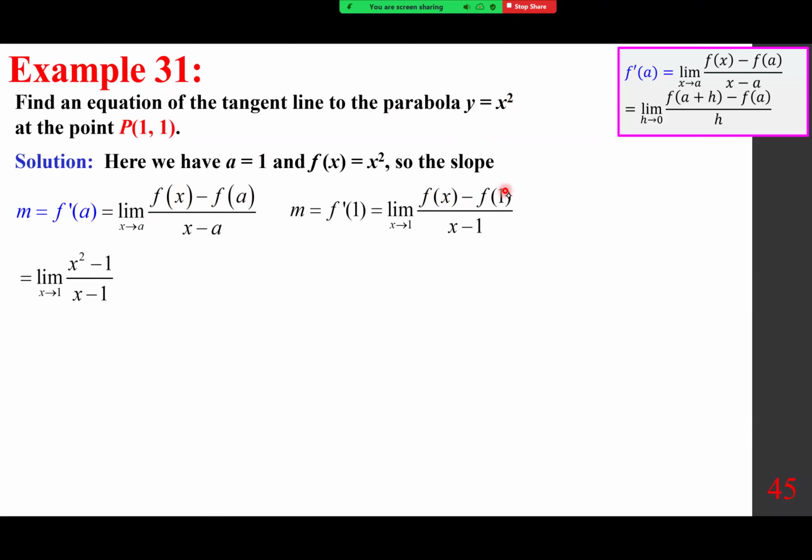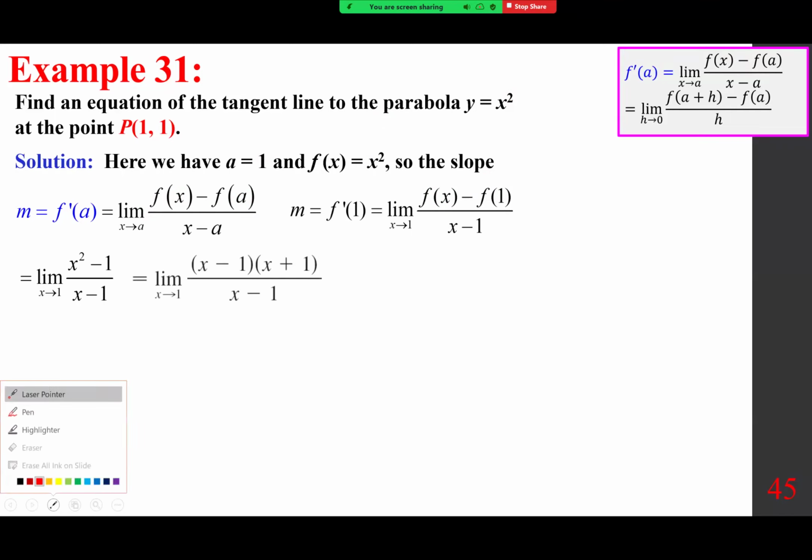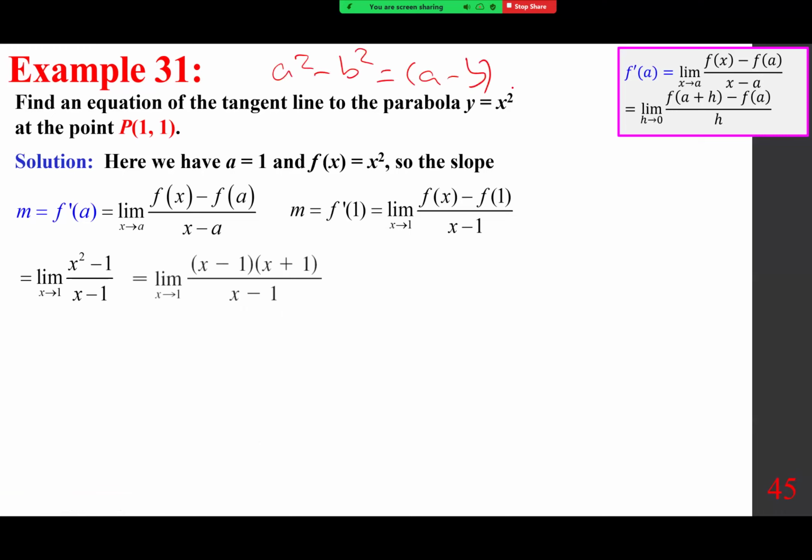And everybody remembers factoring. a squared minus b squared is a minus b times a plus b, and that's what we are using here. And now if you plug in the 1, you get 2. And that's the main part, which is calculus.